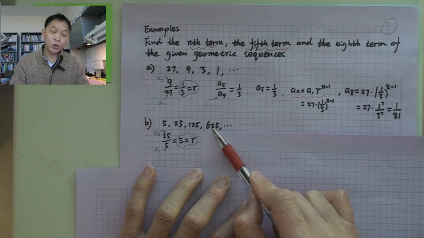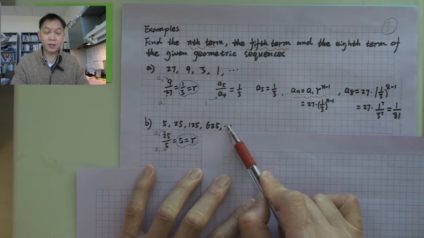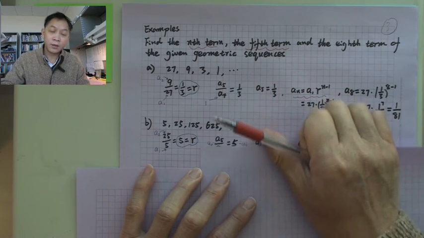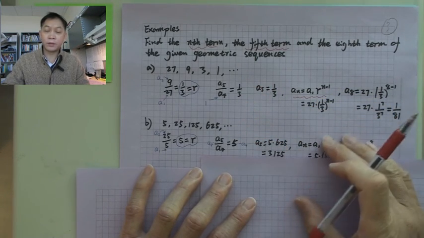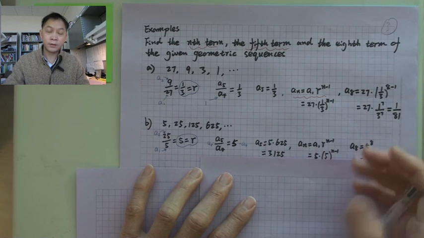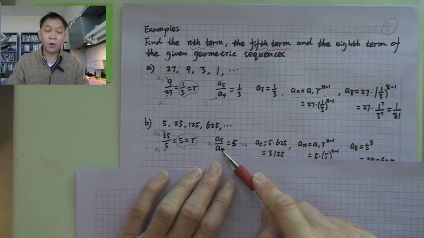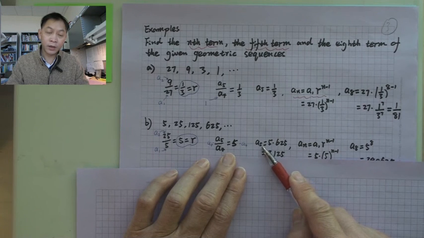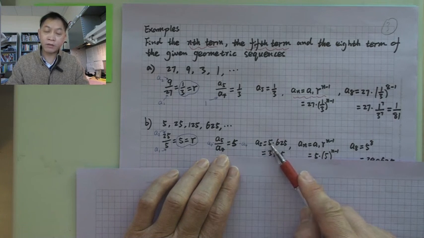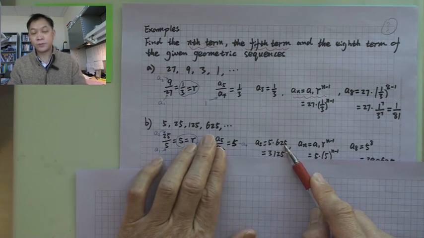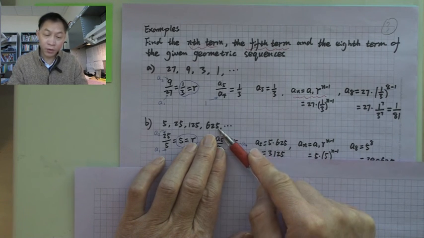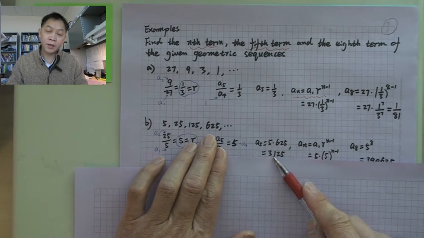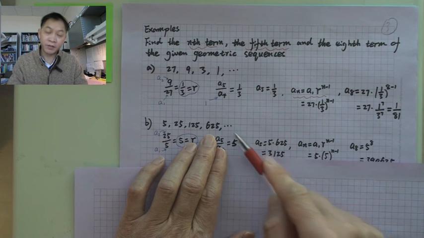Then 5 times 625, you have your fifth term. So you may do it in this way. A5 over A4 is a constant. Then A5 is 5 times 625. Using the ratio times the fourth term, that's 3125, the fifth term.